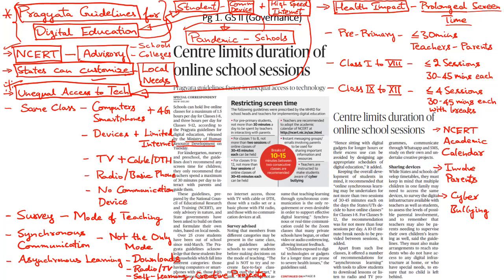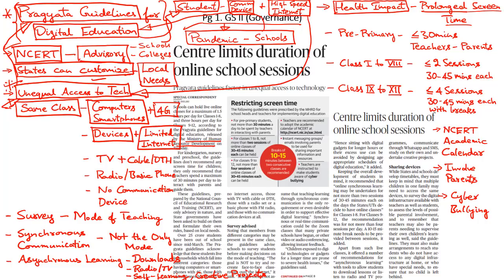This concern has been given the highest priority under the Pragyata Guidelines, and it recognizes that within the same class, students might have different levels of access to technology. For example, a few students might have access to computers and smartphones along with 4G internet connections. And a few students might have access to these devices, but their access to internet might be limited.